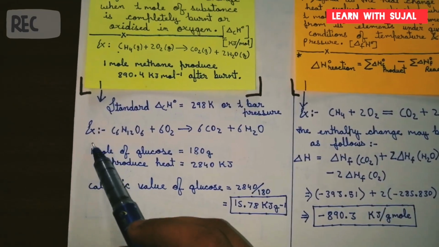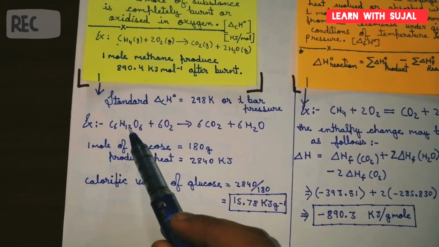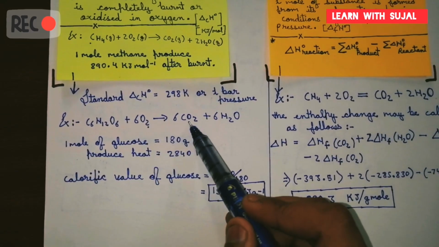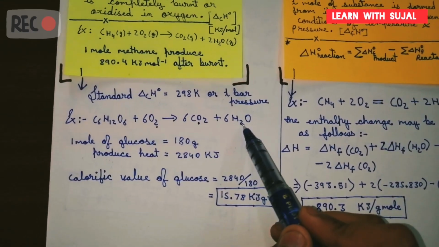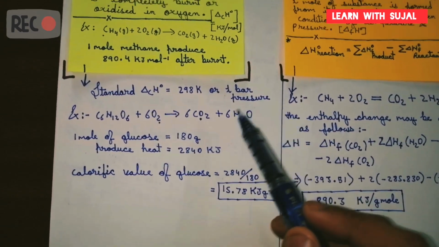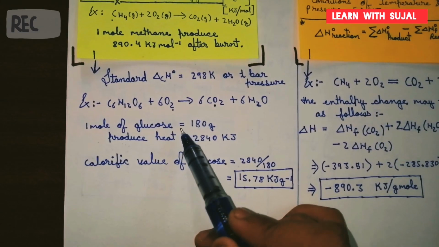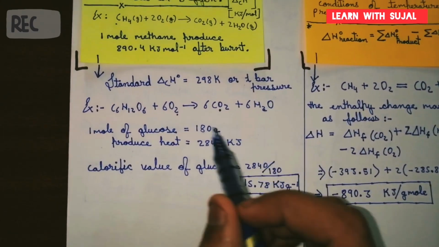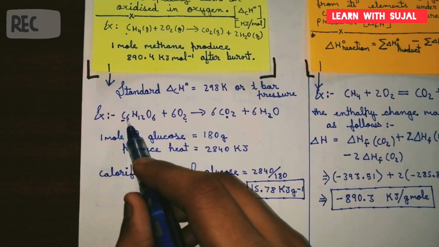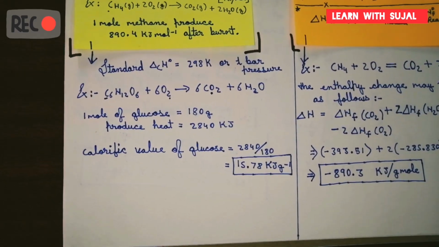Here is another equation, C6H12O6, the glucose equation, reacting with oxygen to release carbon dioxide and water. You can see that it is a balanced equation. Now consider 1 mole of glucose, which contains 180 grams. The atomic mass of carbon is 12 and there are 6 carbon atoms, so 6 into 12.